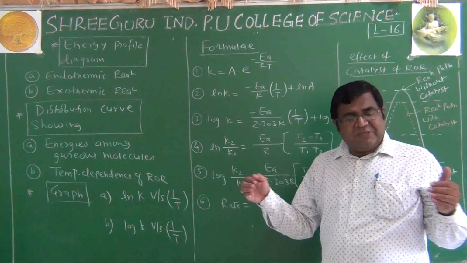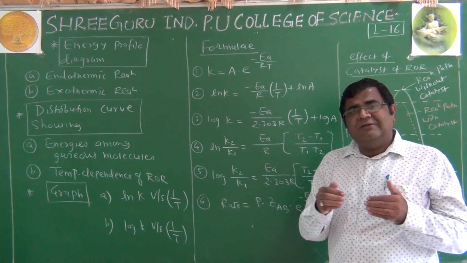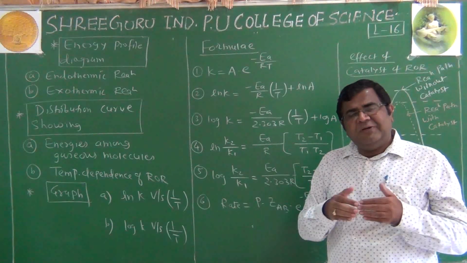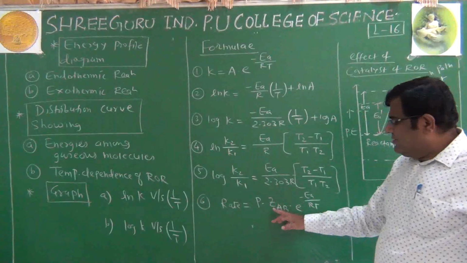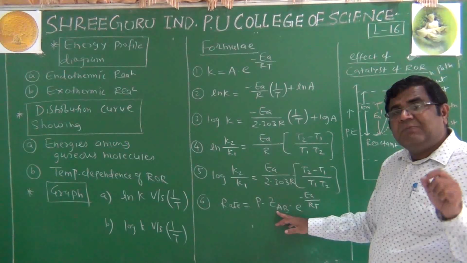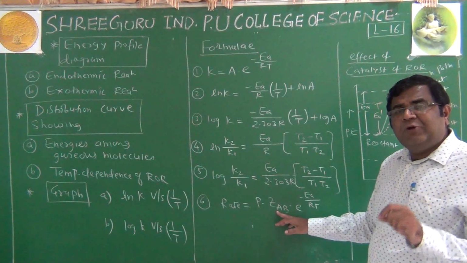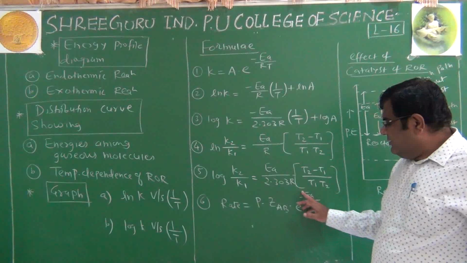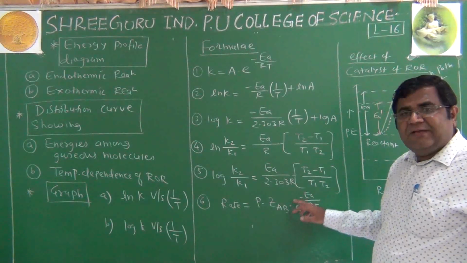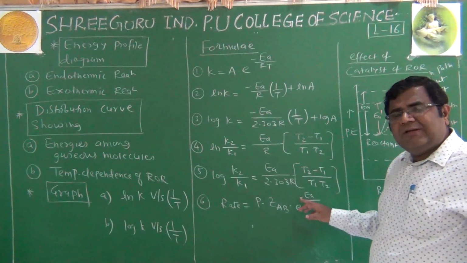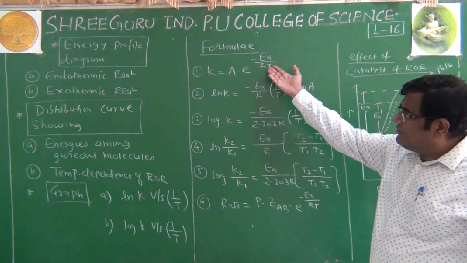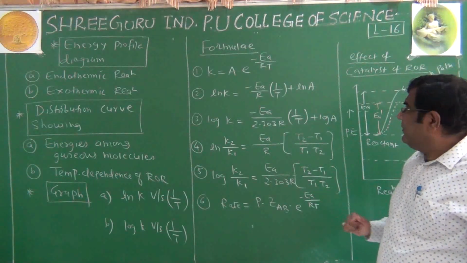The molecules which are colliding should collide in such a way that their orientation is proper. If it is improper, they just bounce back. This ZAB is nothing but collision frequency, number of collisions per second per unit volume of reaction mixture, and this e raised to minus Ea by RT is nothing but the fraction of molecules having energy equal to or greater than activation energy, also called the Boltzmann factor. This factor and this factor have the same meaning.